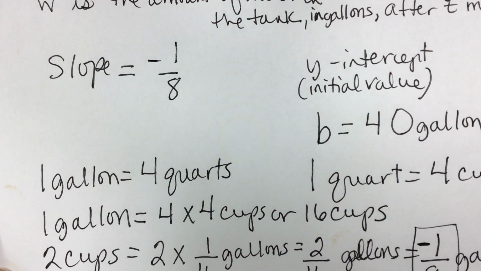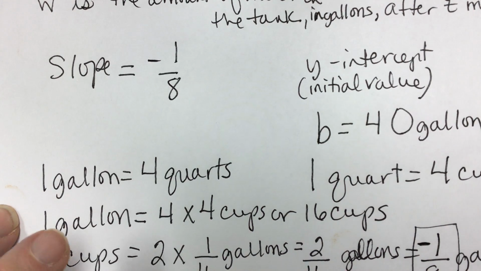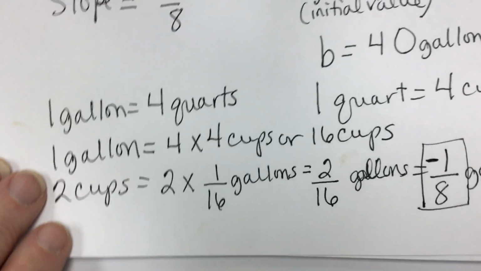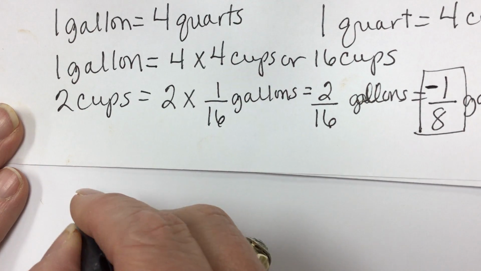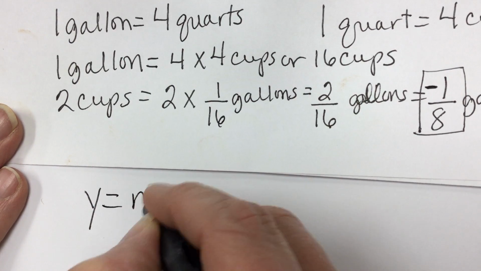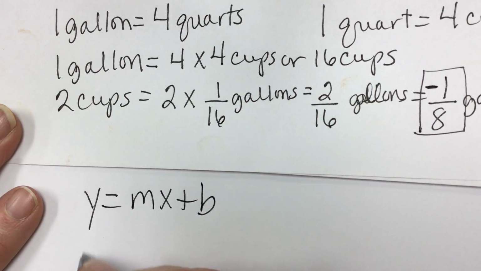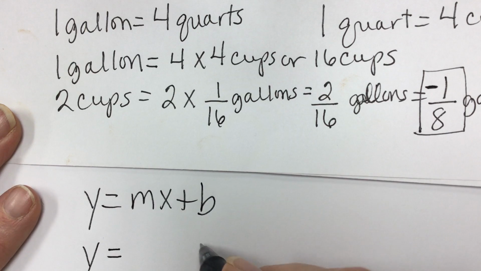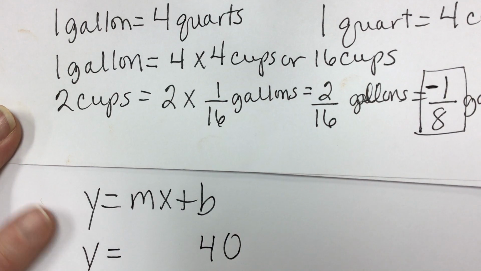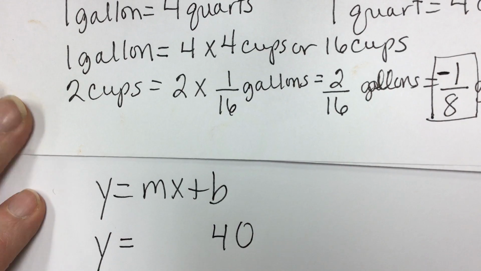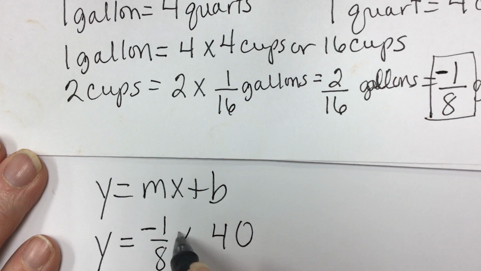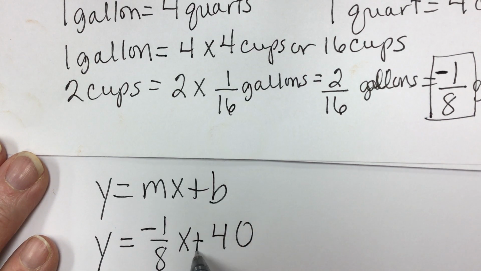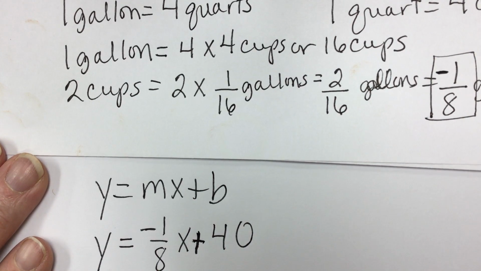So to write a function rule, I will need to use my slope and my y-intercept, which is the initial value, where your initial value was 40. Now, your slope was negative 1/8. So y equals negative 1/8 x plus 40. Okay?